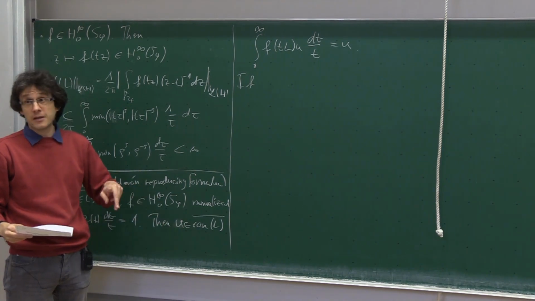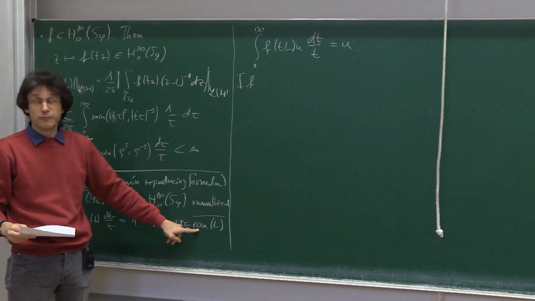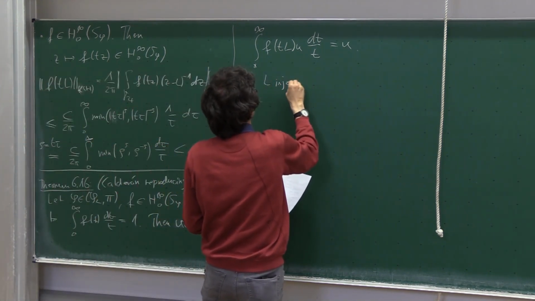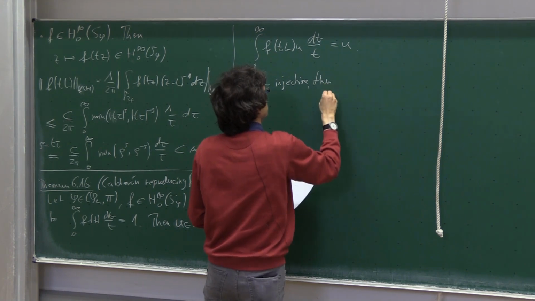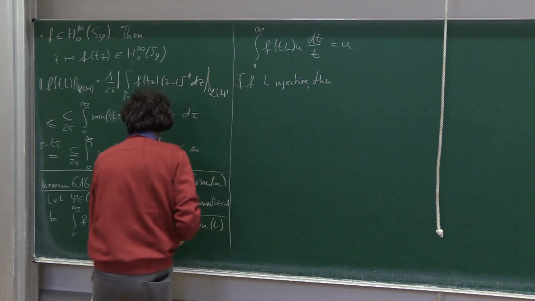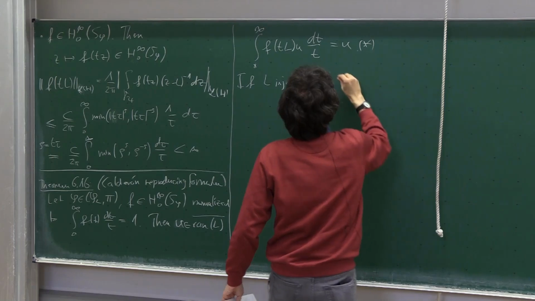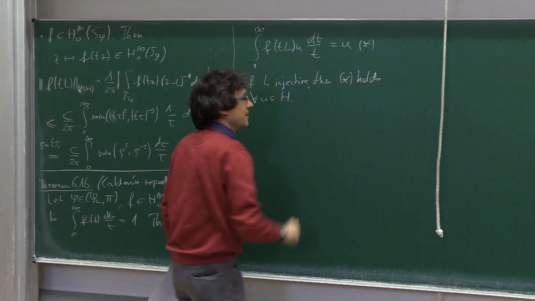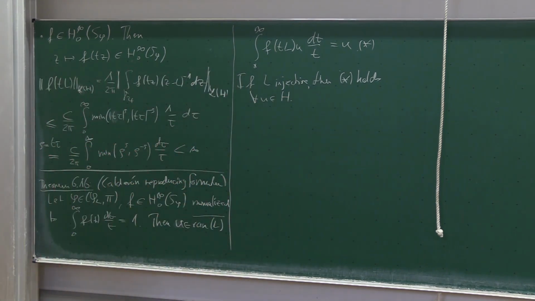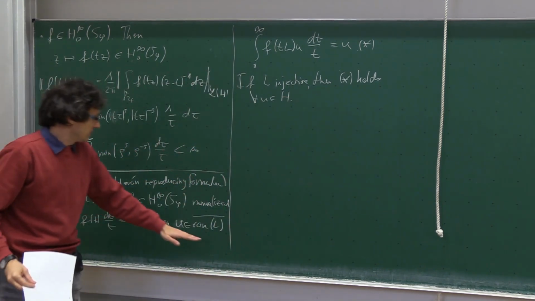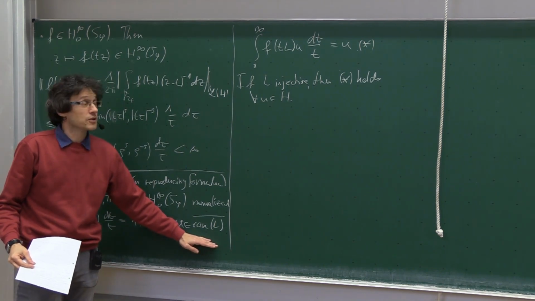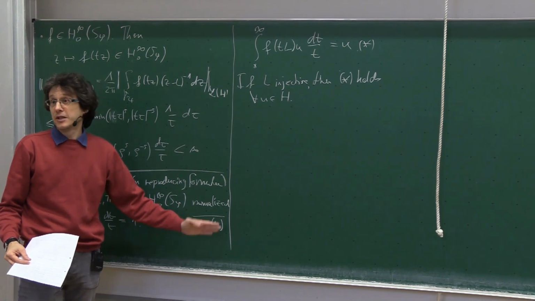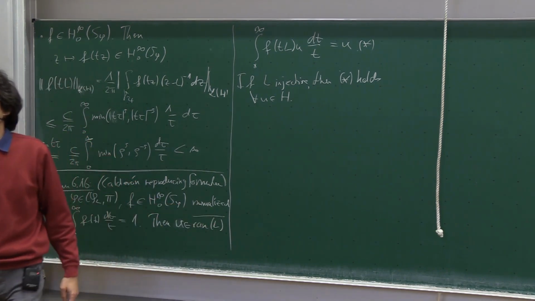So if you have an injective operator, meaning the kernel is just 0, then this is all of H. So then you have the formula for all u in H. So if L is injective, then this formula here holds for all u in H. Again, the injective case is a little bit nicer. And that is why you didn't see this condition in the Calderon reproducing formula in chapter 4 for the Laplace operator, or minus Laplace operator, because minus Laplace operator is injective. So there you got it on the whole space.